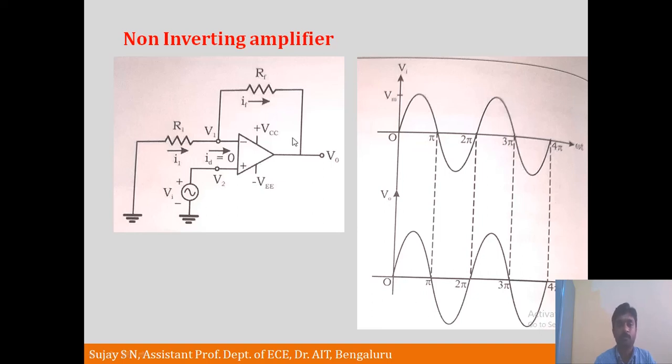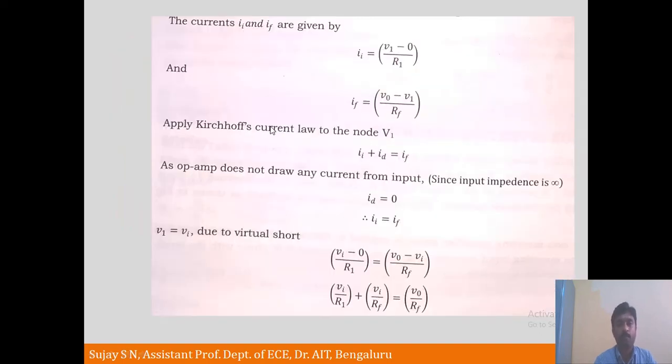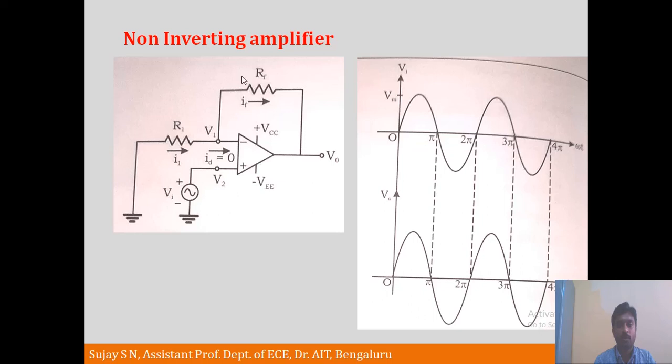Now the currents IF and I can be written as: IF, the current of the feedback path, is V0 minus V1 divided by RF. Similarly, I can be written as V1 minus 0 divided by R1.